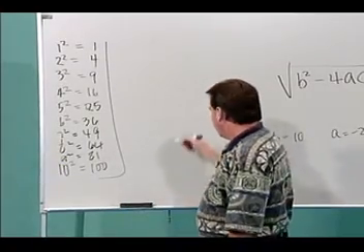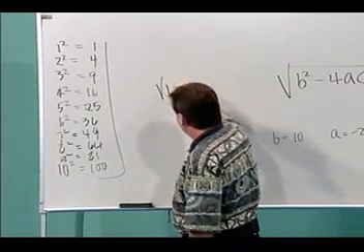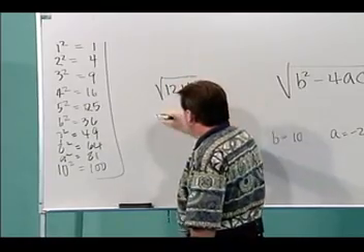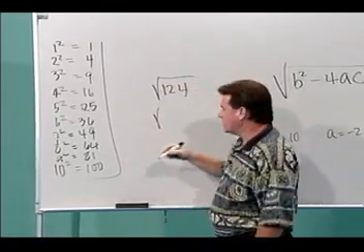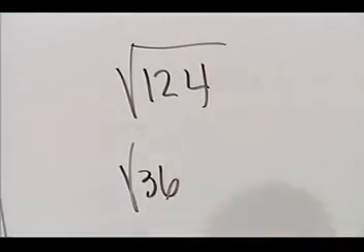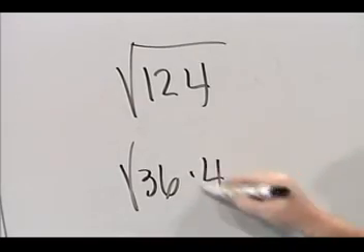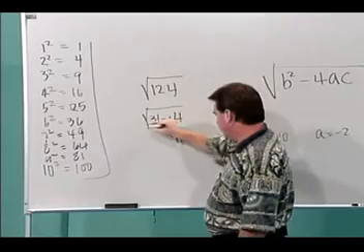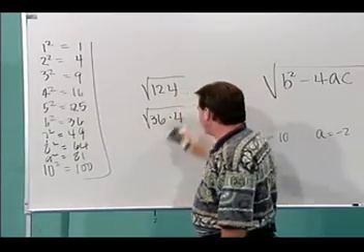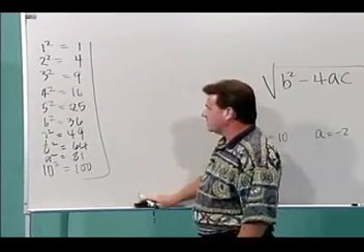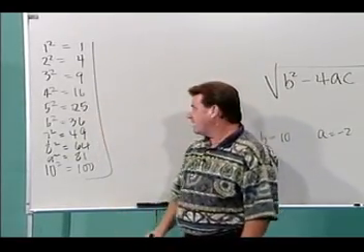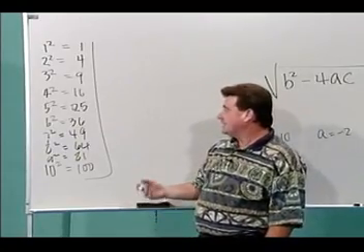Well, let's see. If I take 124, can I rewrite that as 36 times some number? 36 times 4, does that work? 4 times 6 is 24, 4 times 3 is 12, that's 144. So the answer is no, 36 doesn't work. Does 25 work? No. Does 16 work?